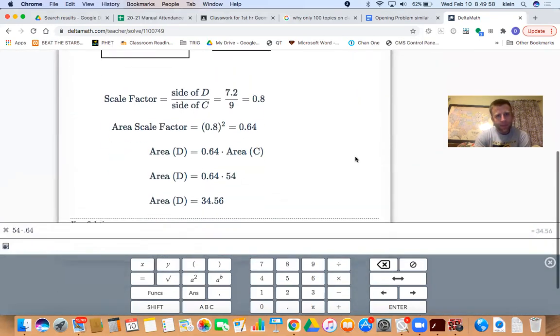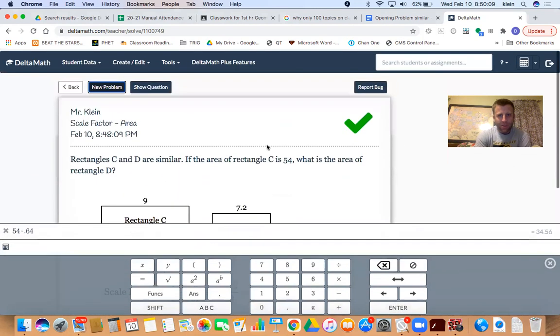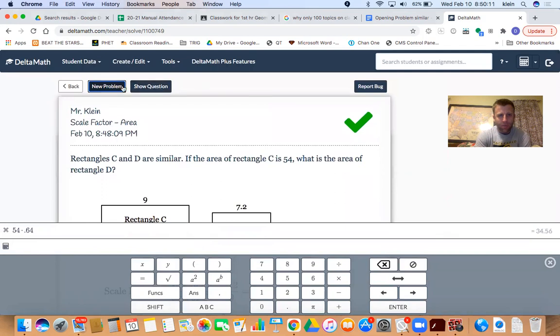So you notice how I did it. You find the scale, then you square that scale, and then you use that squared scale to find the new area. Just always click on show solution if you're having trouble, and they'll walk you through it. You've got to use your resources there.